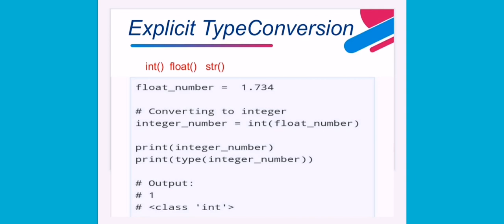So this is explicit type conversion. This means it's not automatic; if you want to convert one data type to another data type, you can use predefined functions like int, float, str, etc. We will discuss in the next video how many types of explicit type conversion functions there are.